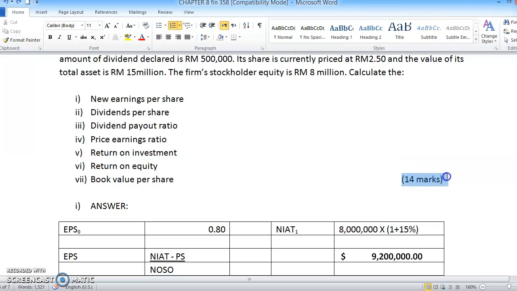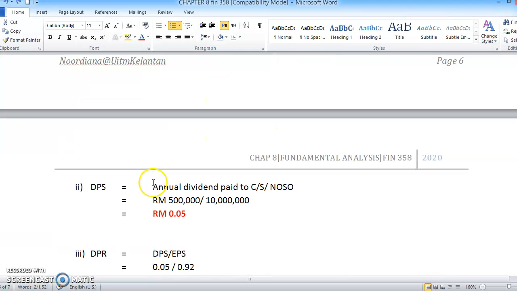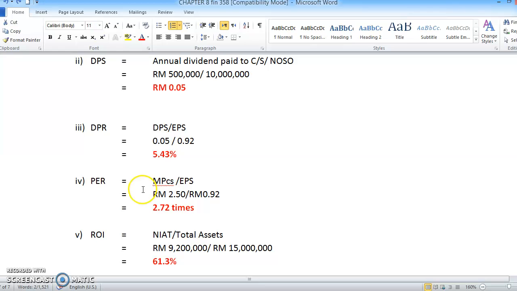If we take a look, the question is worth quite a lot of marks, 14 marks overall, because each and every component that you calculate here has marks for each and every answer. And in the real final exam, for the way you calculate there is also a mark for that.